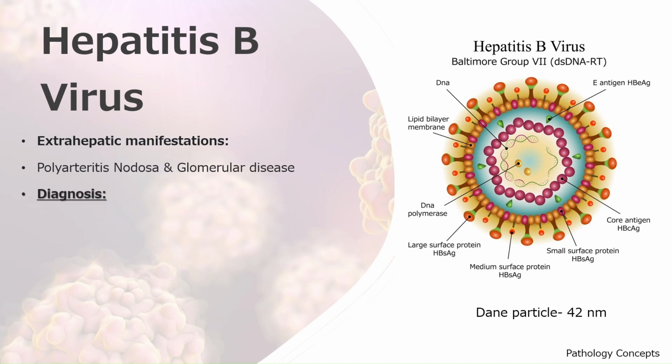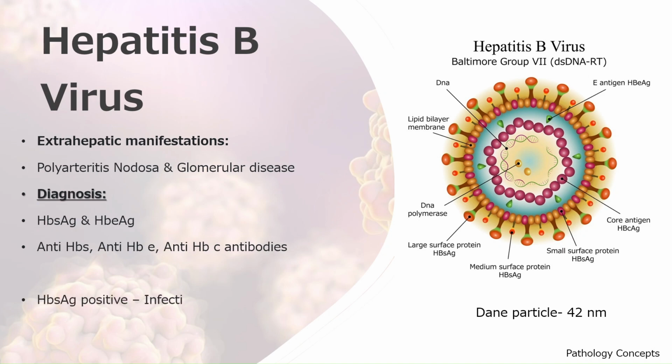The diagnosis is mainly done by antigen and antibody detection in routine testing. The antigens are HBsAg and HBeAg, and the antibodies detected are anti-HBs, anti-HBe, and anti-HBc antibodies. Once the HBsAg is positive, we can state that the person is infected with hepatitis B virus.